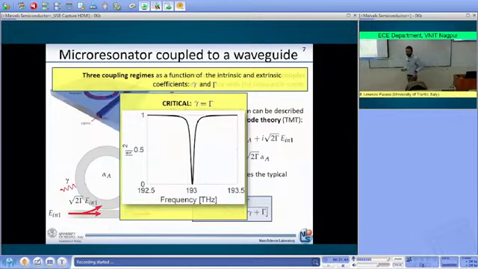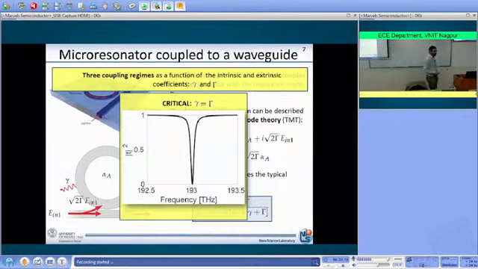Maybe the radius is too small, and so you have a huge quantity of light that is lost. Maybe you have absorption within the microring resonator. So you may have many different contributions that are sources of this small gamma here. While on the other hand, capital gamma is controlled by the distance between the microring resonator and the bus waveguide.